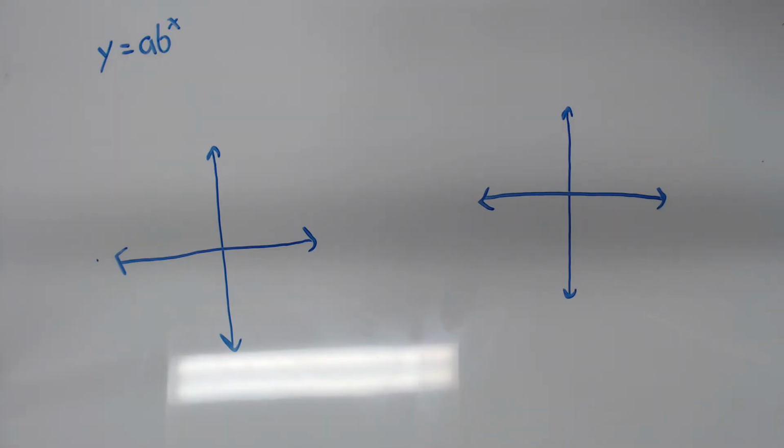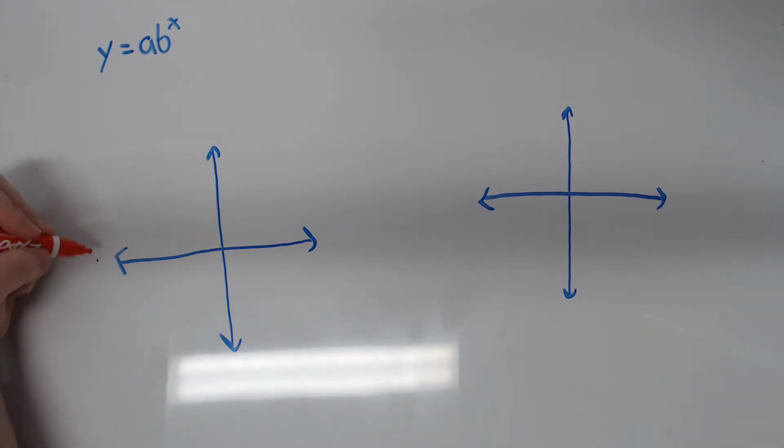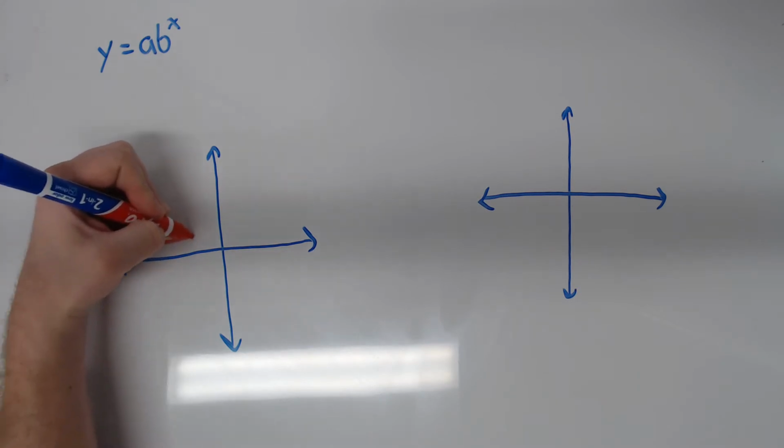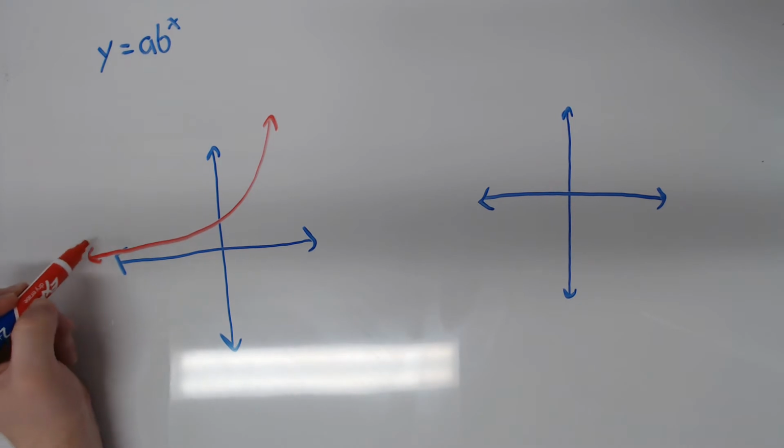So let's look at what graphs of exponentials are going to look like. First off, our most basic one is going to be this. This red line never actually crosses over here.